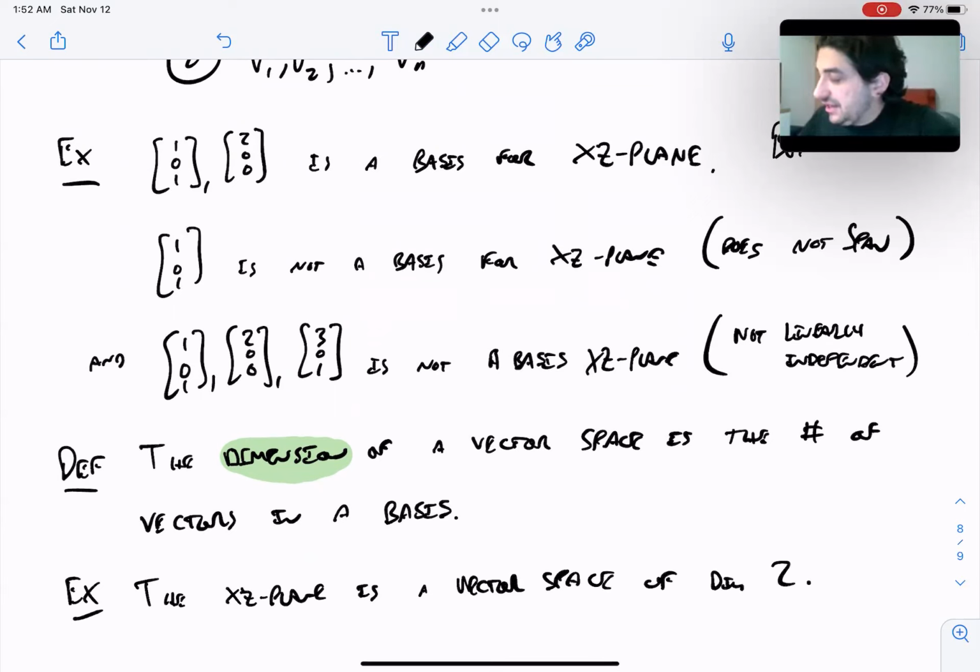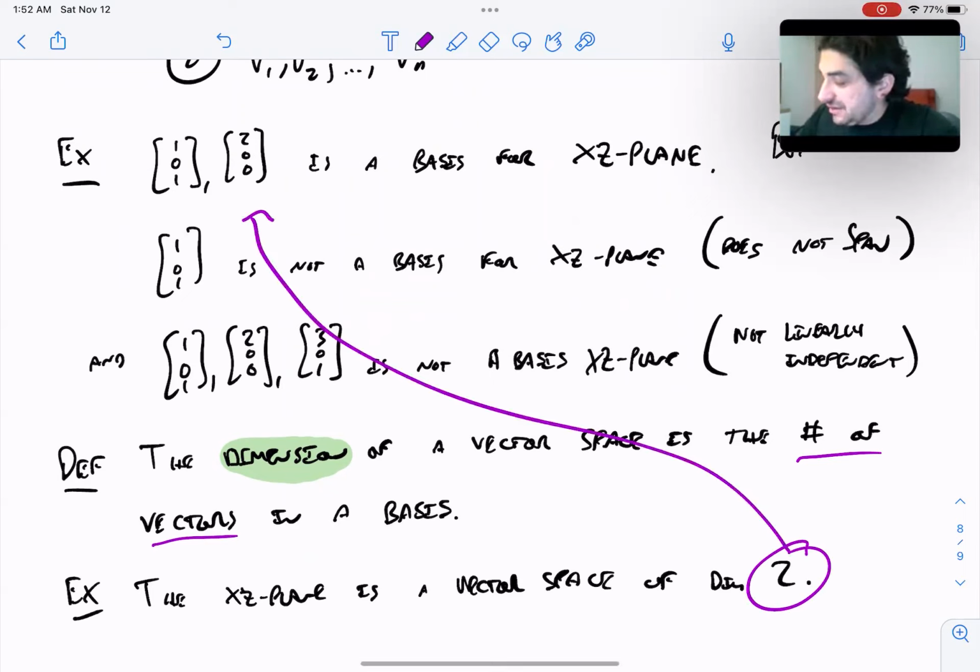And why is it dimension 2? Well, because like we say, it's the number of vectors in a basis. So you just count them up. 1, 2. There are two vectors in that basis. That's why the xz plane is a vector space of dimension 2.